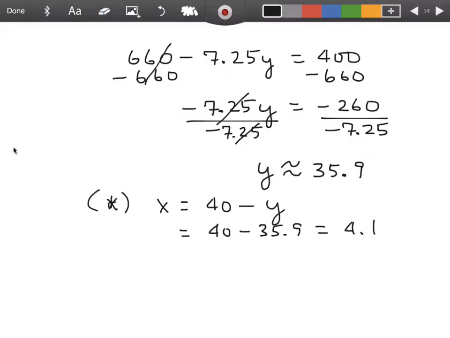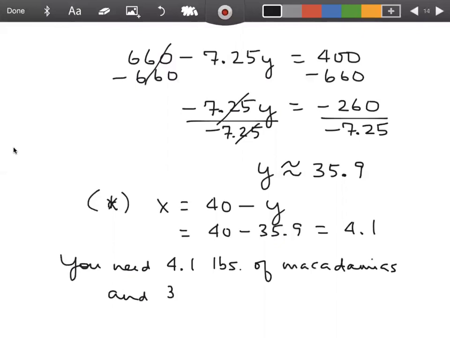All right, so in order to get a mix of nuts that cost $10 a pound, you should use 4.1 pounds of macadamias and the rest, 35.9 pounds, can be standard mix.